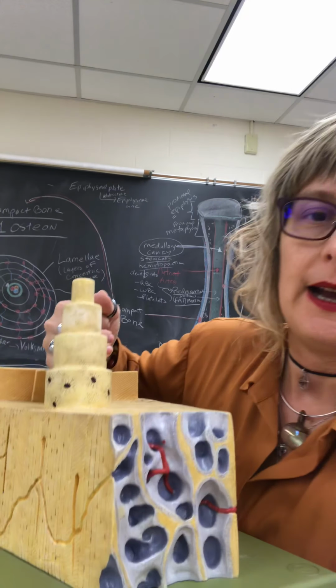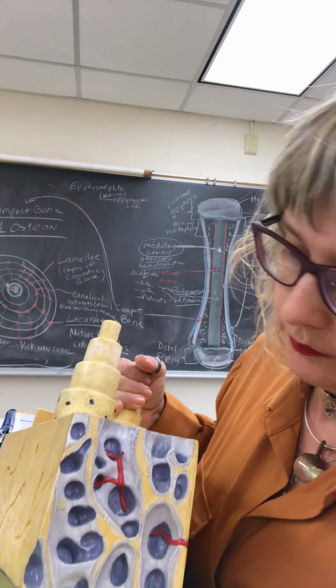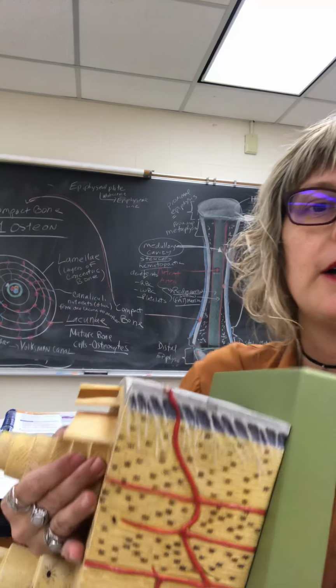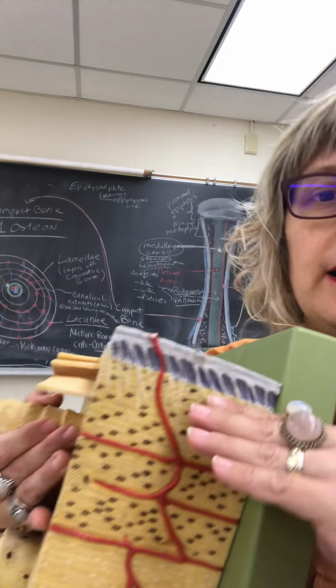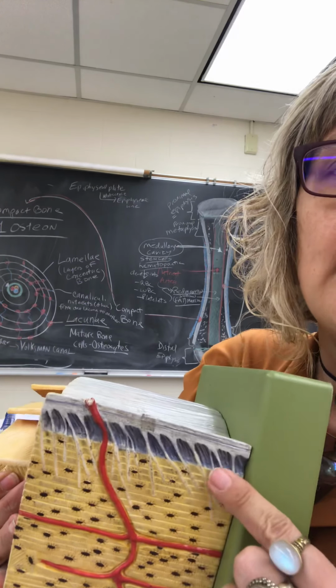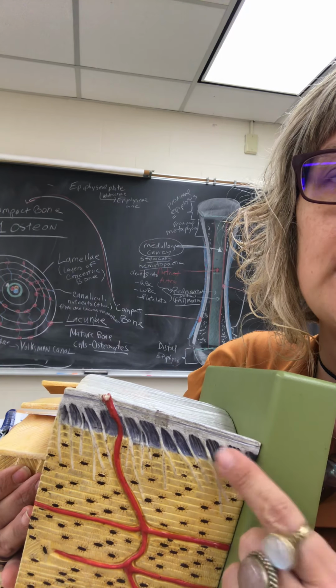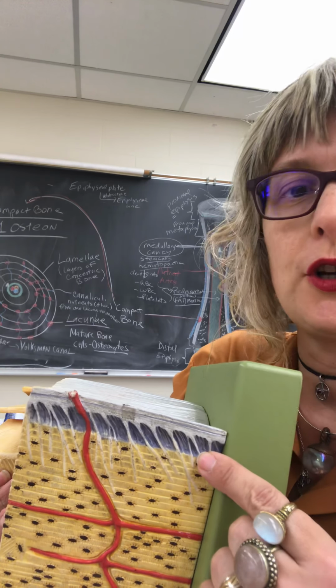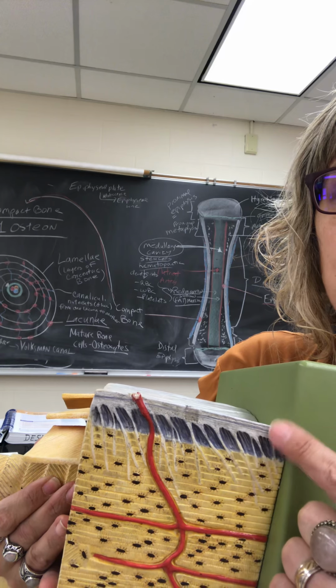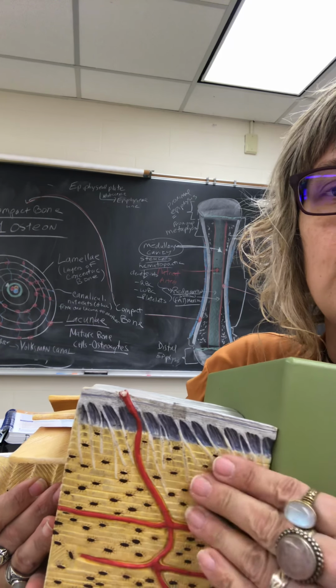All right? Now, the last thing I want to mention is the fact that if we look at this bony model, here you can see the beginning of compact bone or cortical bone, and then here at the edge, do you see all these fibers? Those are called Sharpey's fibers, and the Sharpey's fibers attach the periosteum to the compact bone.